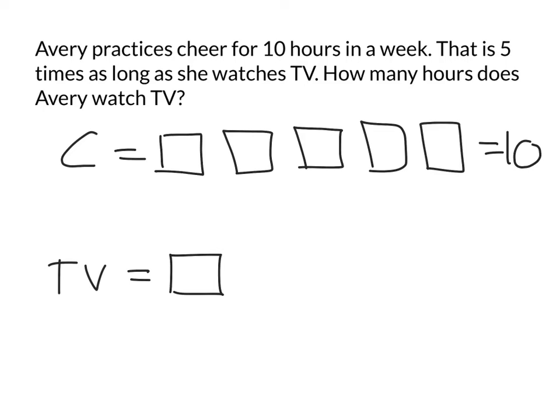Okay, so now we're doing our own thinking. We need to figure out what number we can use 5 of to make 10, and that's going to be a 2: 2, 4, 6, 8, 10. So that means that the TV gets a 2 because all of those boxes are representing the same number. So the TV watching is 2 hours.